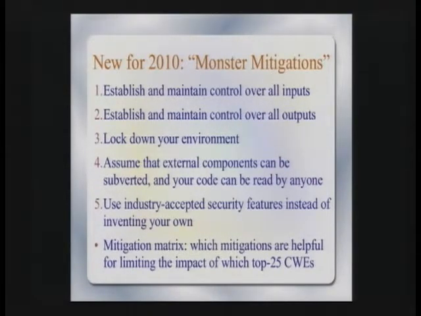Also new, we have mitigations. For example, I mentioned earlier the inputs. Same thing for the outputs. You want to stay in control over those. You want to lock down your environment. You should assume that external components can be subverted, and that your code can be read by anyone.